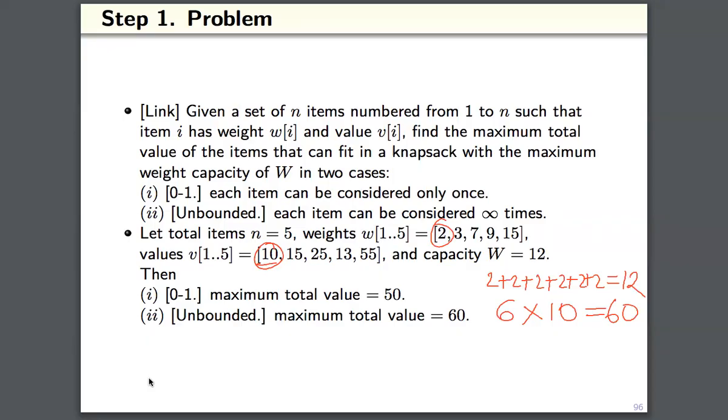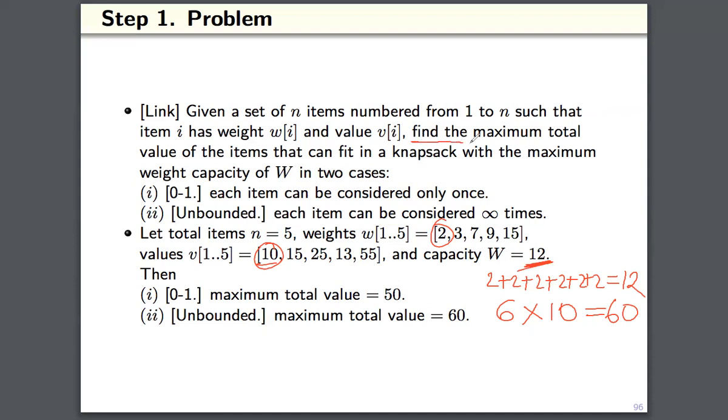So similarly, you can come up with many other examples. And the subsets need not be unique. There can be multiple subsets, right, that are not greater than 12 and have the same max value. So here you're just interested in one such subset or just the total value, right?